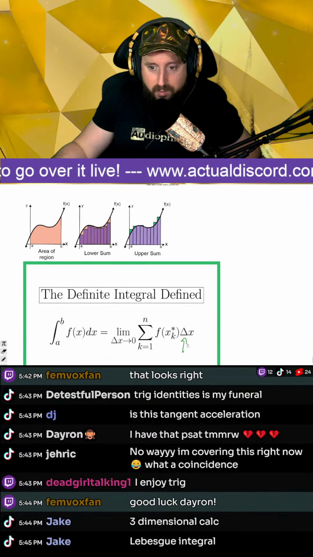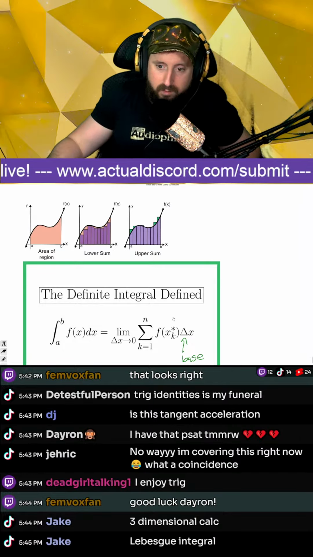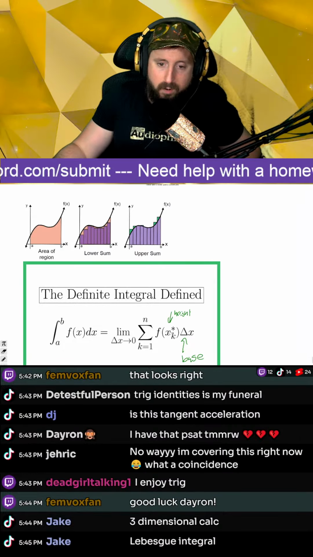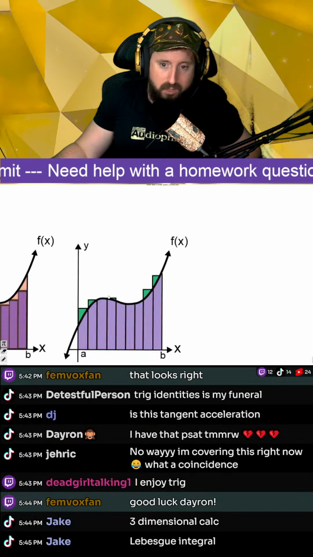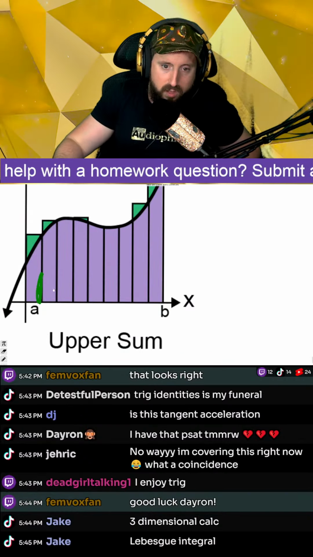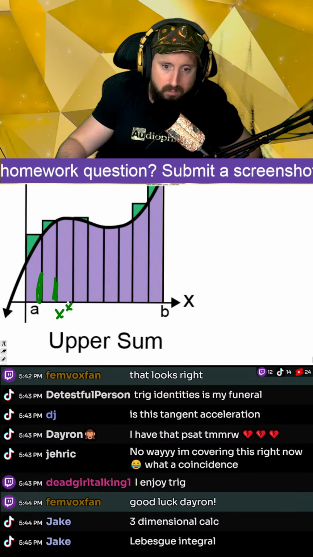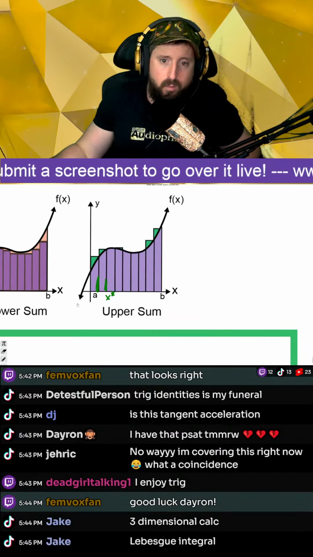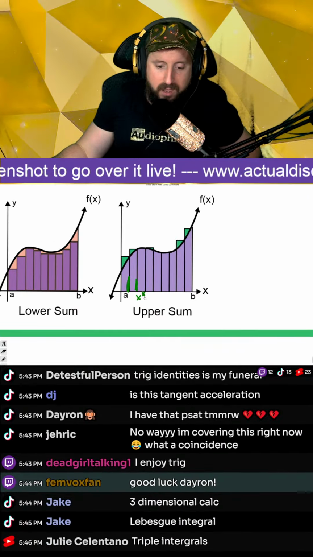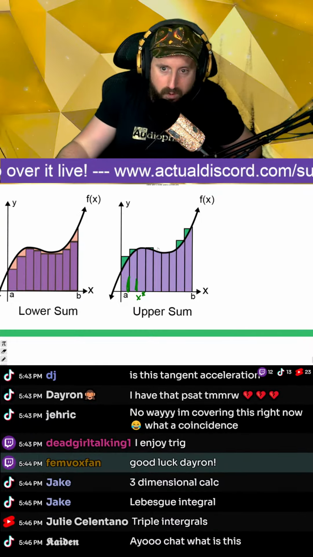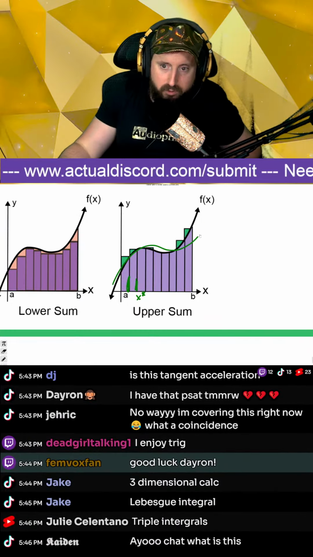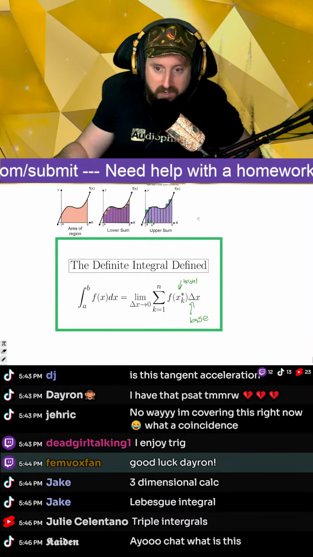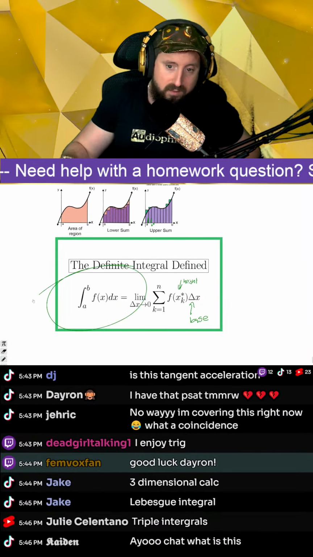In this case, this is the base, and this right here is the height, where x star refers to which nth term you're looking at. As you have more and more rectangles, you get closer and closer to the actual area underneath. And so taking the limit to infinity is the same thing as an integral.